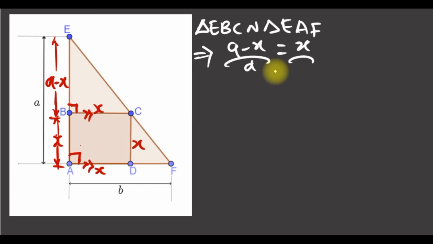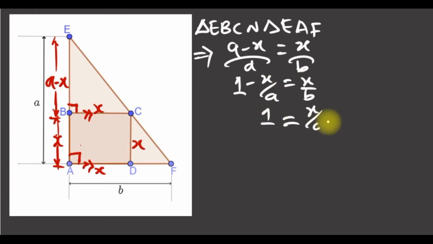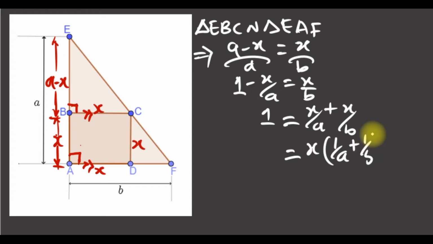So with this, let's solve for x. We have a over a, which is 1, minus x over a, equals x over b. This is 1. This crosses over to be x over a plus x over b. Looking at this, they have a common term, x. We bring it out: 1 over a plus 1 over b is 1.